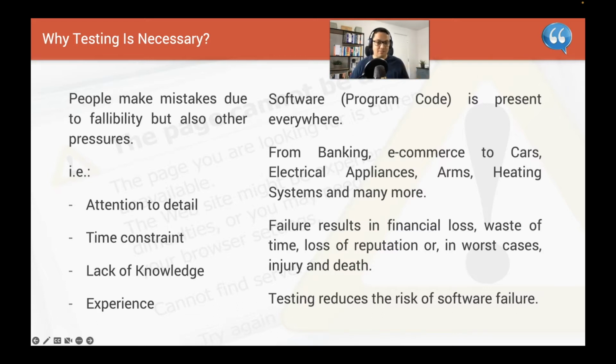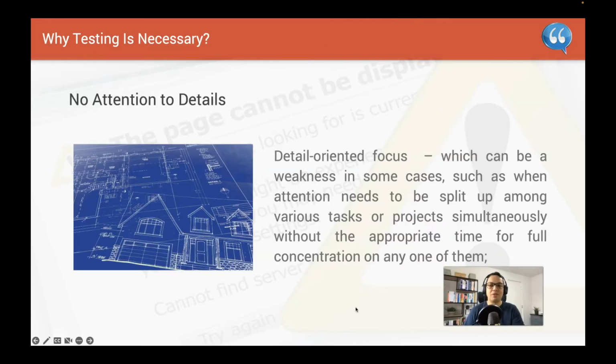So testing helps reduce the risk and potentially identify the failure before it goes live. Expanding a little bit more on attention to detail. A detail-oriented focus can be a weakness in some cases, such as when attention needs to be split up amongst various tasks or projects simultaneously.